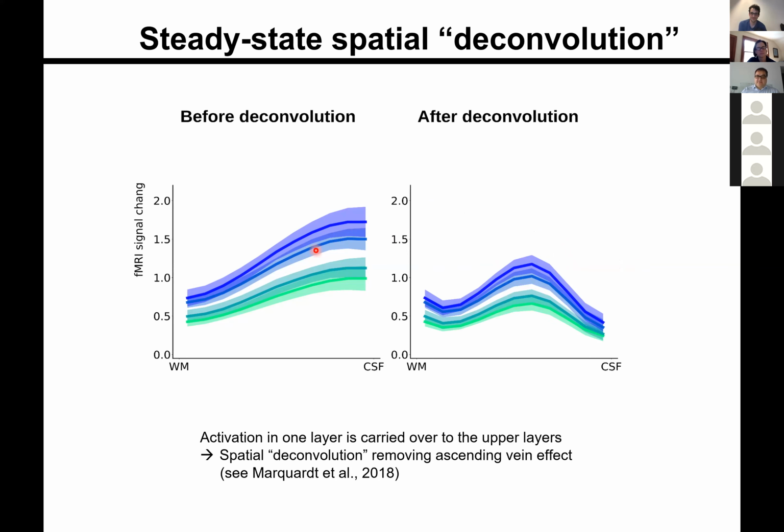We don't see this here, but after this deconvolution or sequential subtraction, we see this increase in activity in the middle layers. So that's obviously not a proof, but it is encouraging because it shows it's plausible, and this would agree quite well with electrophysiology.